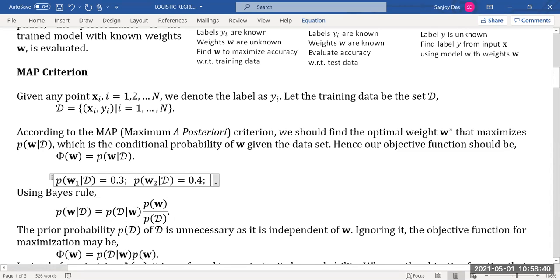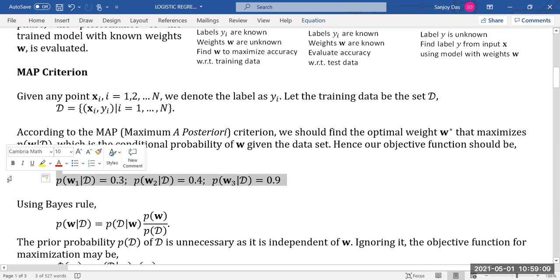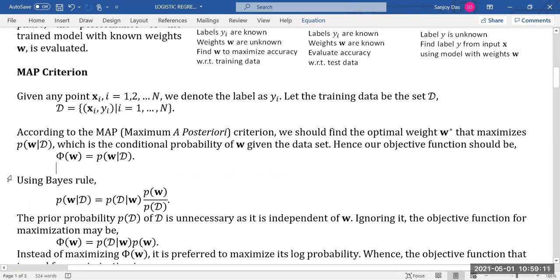And we have another one, W3, for which this probability is 0.9. Now suppose these are the only 3 possible choices of W. Which one will you pick? W3. Yeah, 0.9, W3, right? Because it has the highest probability, correct? So that's what we want to maximize, the probability of W given the data D.